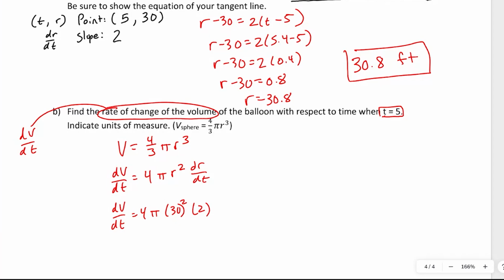All right, so we got 30 squared, that's going to be a big number. 2 times 4 is 8, 8 times 900. Does that sound right? That would be 7,200 pi cubic feet per minute.